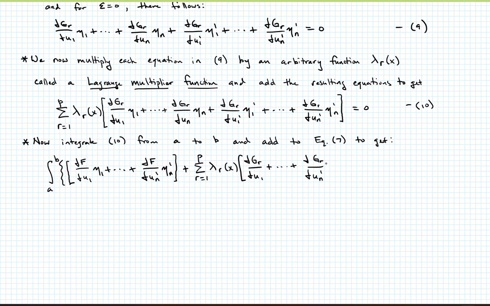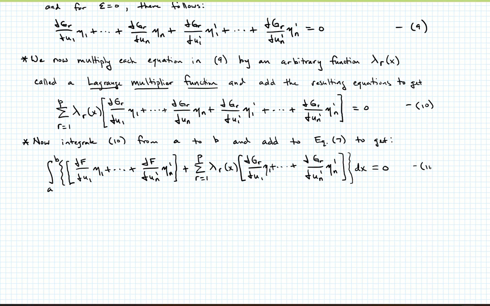Whoops, I forgot my etas here. This should be eta 1, and then this becomes eta n prime. Okay, I'll close my bracket there, and then I'll close my brace, and I'll say this is dx equals 0.